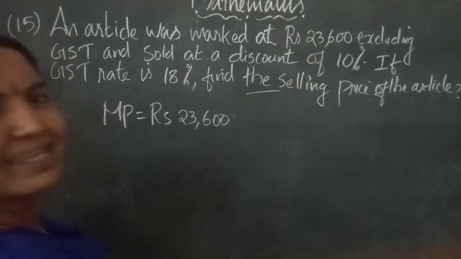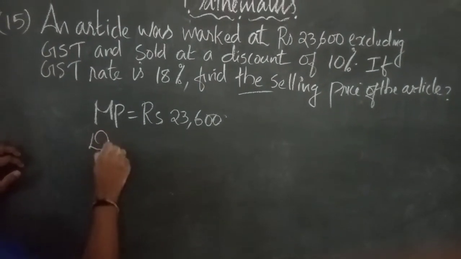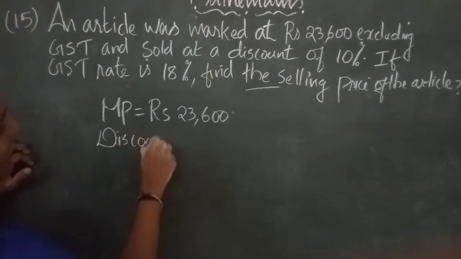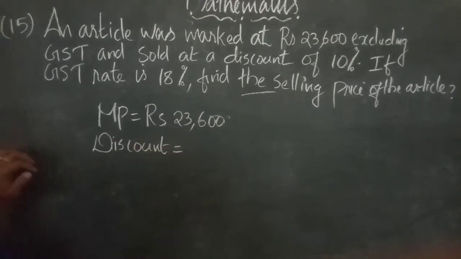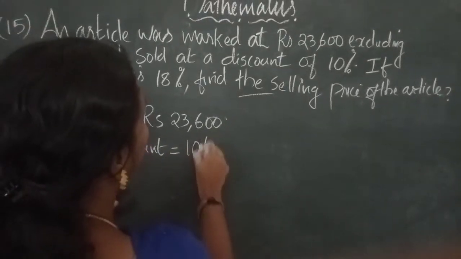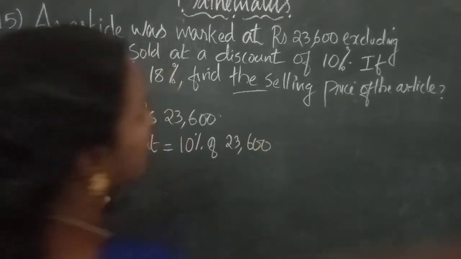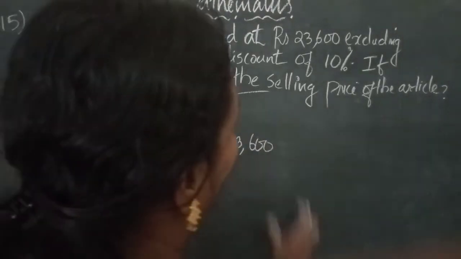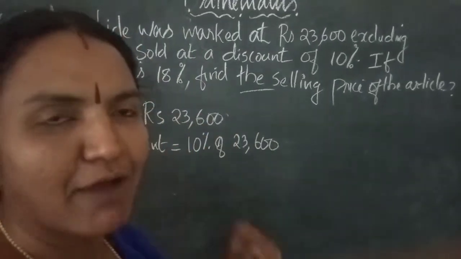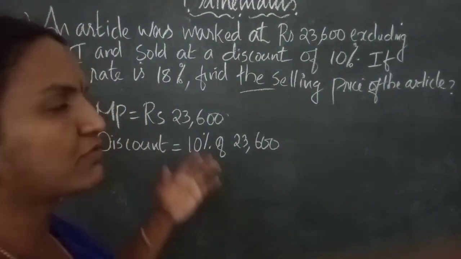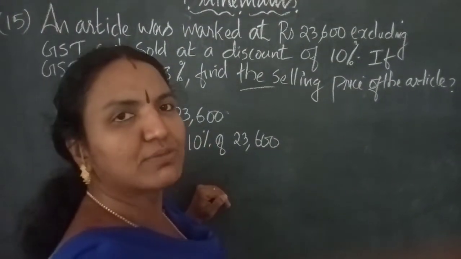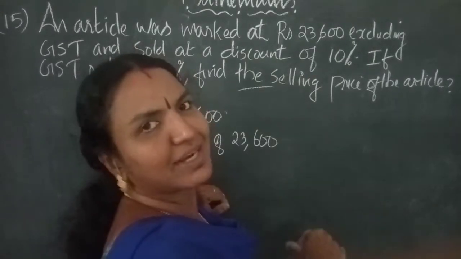Yes, you have to find discount. Discount is equal to 10% of 23,600. First, you have to find out how much money you have to pay after discount.